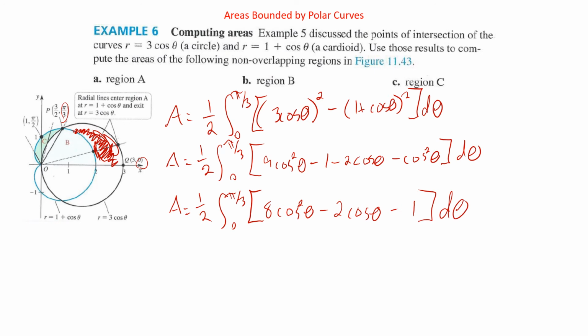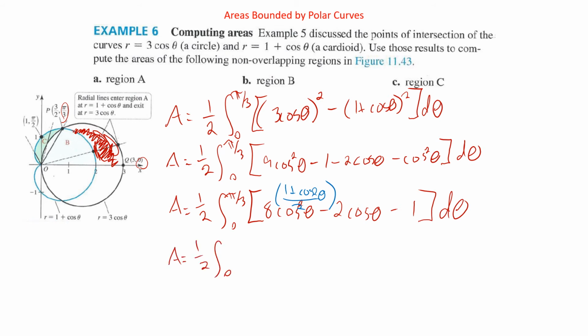And then we can do the cosine squared again. The cosine squared was 1 plus cosine of 2 theta over 2. So this cosine squared can become 1 plus cosine 2 theta over 2. Multiply by the 8. That just makes it the numerator times 4.